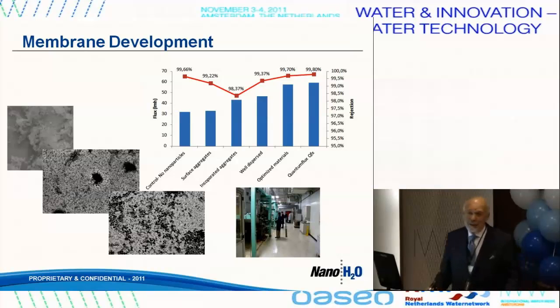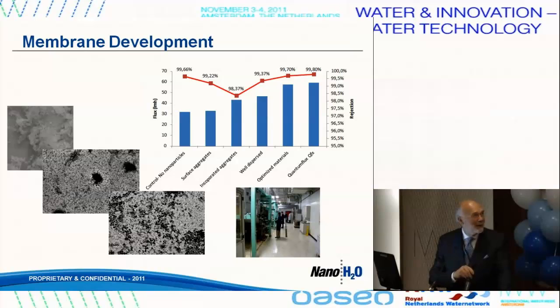Well, the development in nanocomposite membranes wasn't always so easy, okay? The first challenge was simply to make a good membrane without nanoparticles, and these were all hand cast at that point, and we made a decent enough membrane, and then we got surface aggregates on the membrane, which is shown in this picture, and that certainly wasn't working.